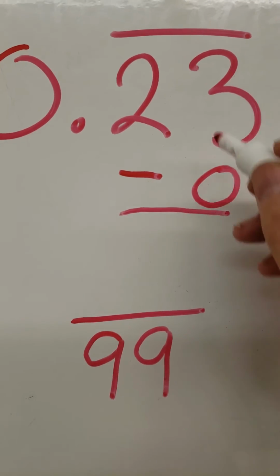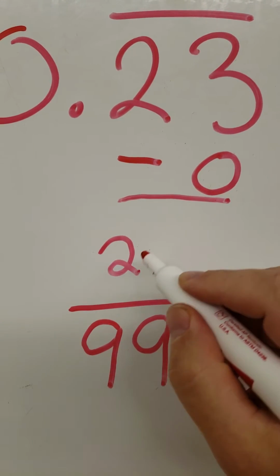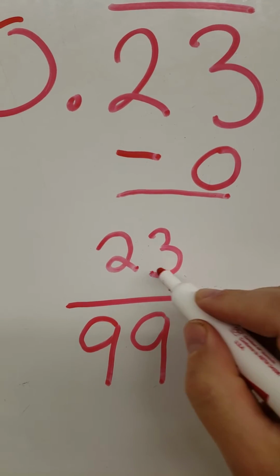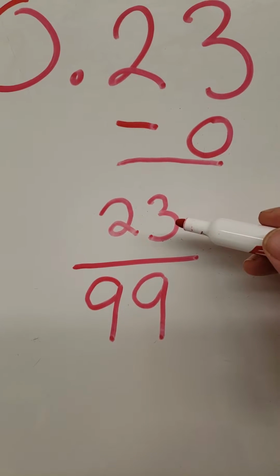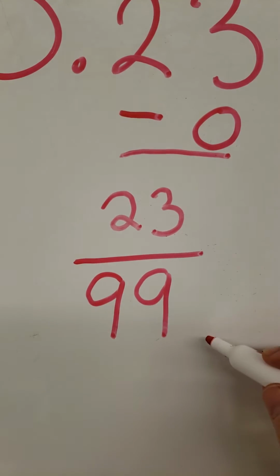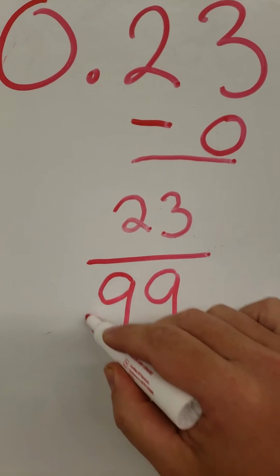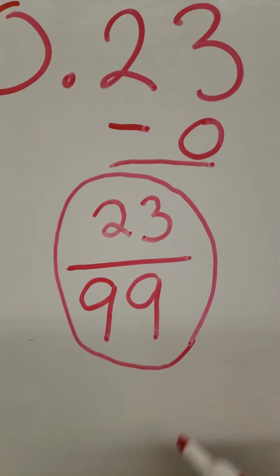So 23 minus 0 will give me a numerator of 23. I look at 23 over 99. 23 is a prime number, and it does not divide into 99 evenly. So 23 99ths is my fraction in simplest form.